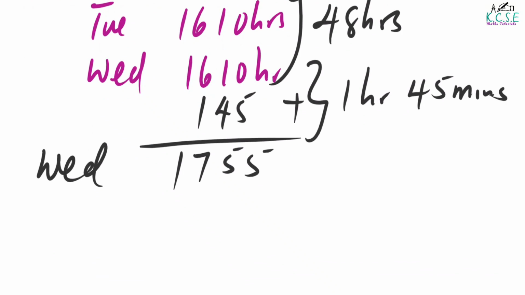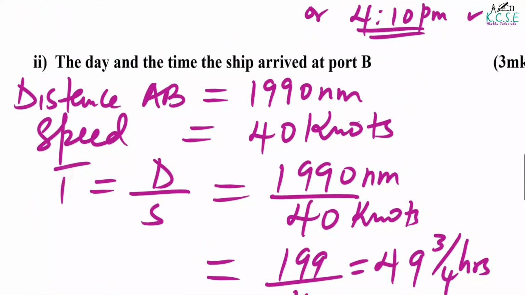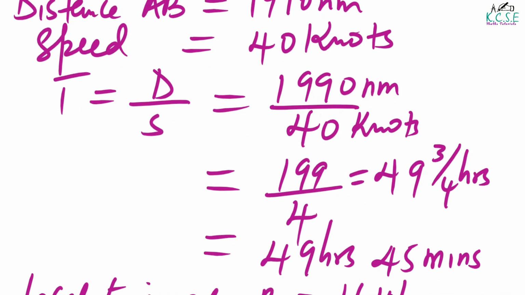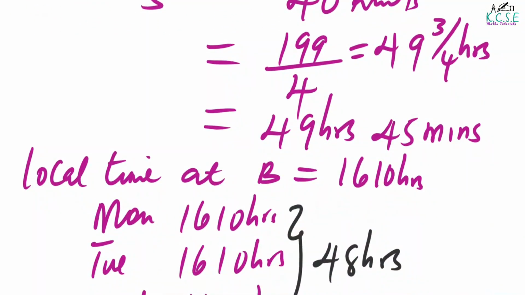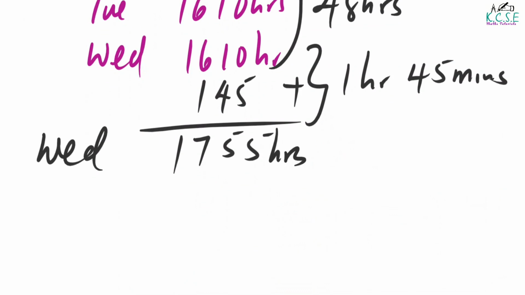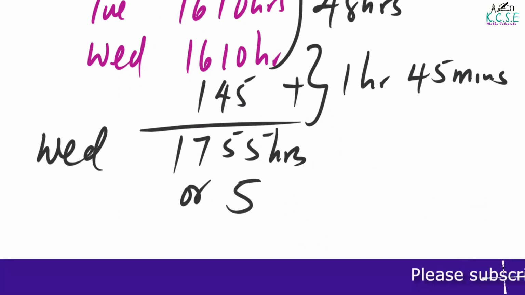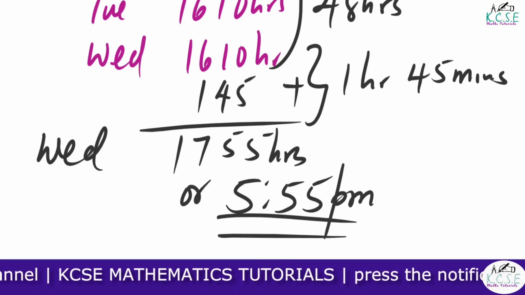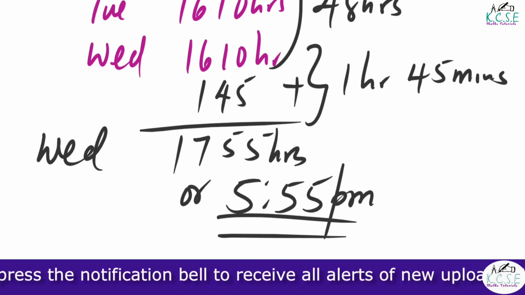So we have answered the question, the day and the time the ship arrived at port B. Having obtained the time taken from A to B as 49 hours 45 minutes, and knowing the local time at B when the ship left A was 16:10, from 16:10 add 49 hours 45 minutes, you get 17:55 hours, or you can give it as 5:55 p.m. So that is how you are supposed to work out that question.